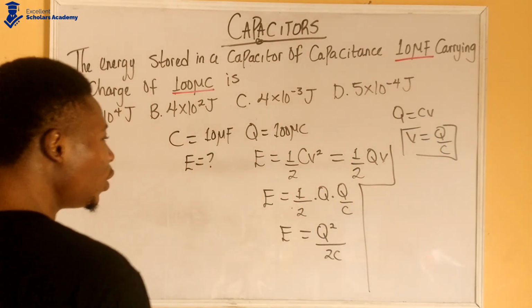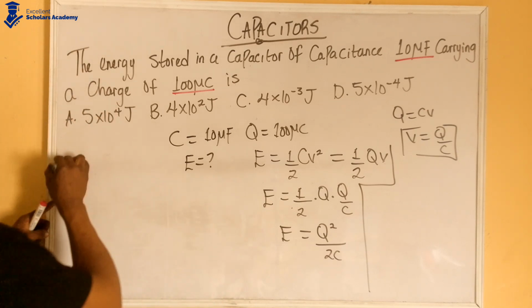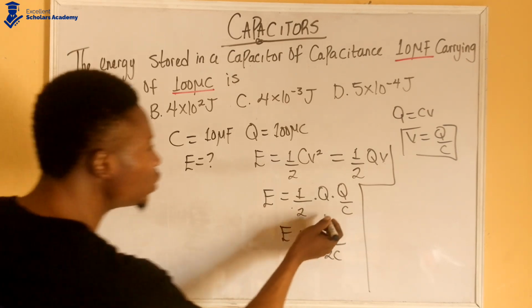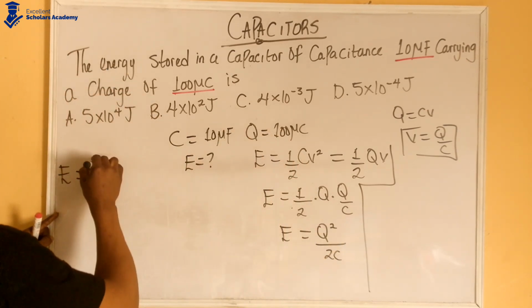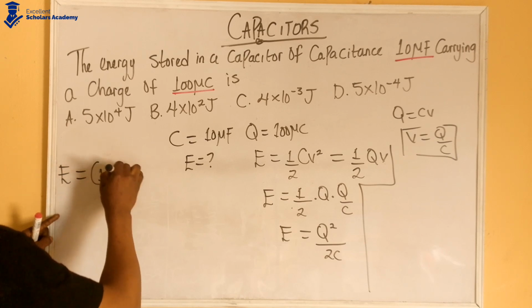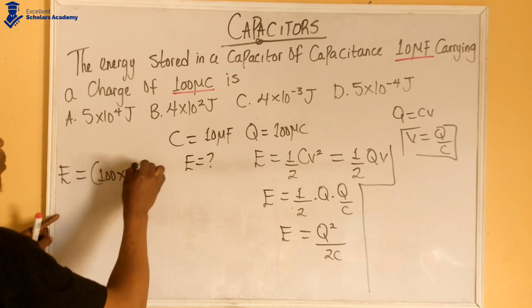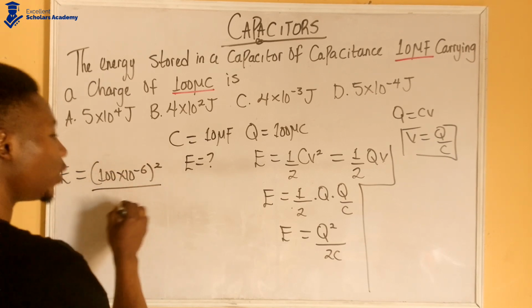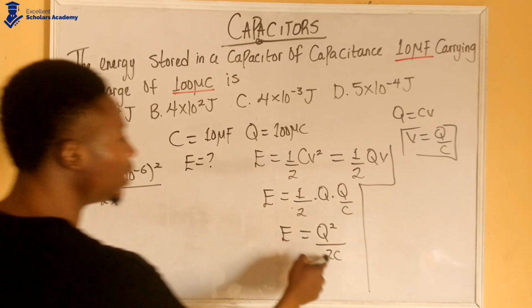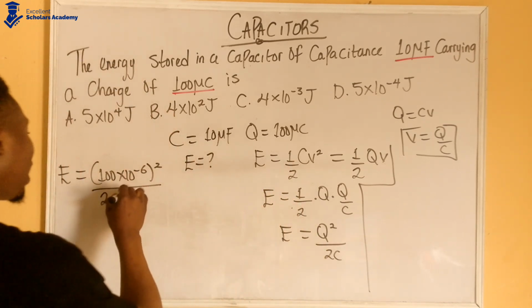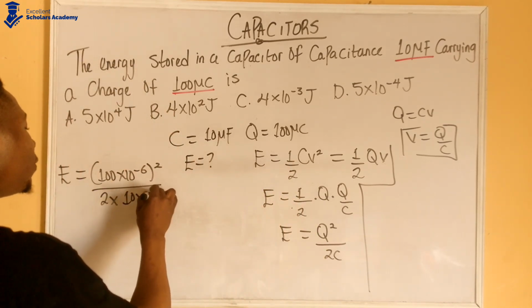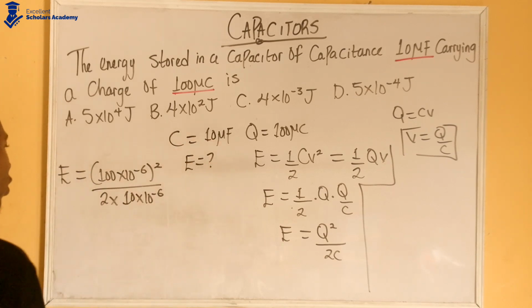Now let's move further to solving it. So E is equal to Q squared, that's 100 microcoulombs squared, so 100 times 10 to the power of minus 6, squared, over 2 multiplied by the capacitance, which is given as 10 times 10 to the power of minus 6, micro being the same multiple.